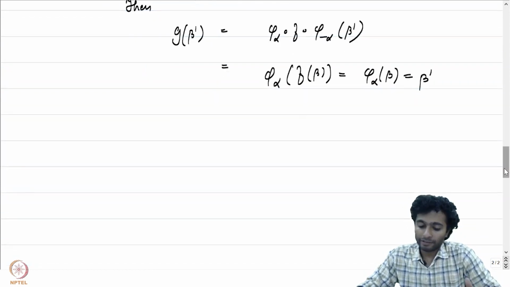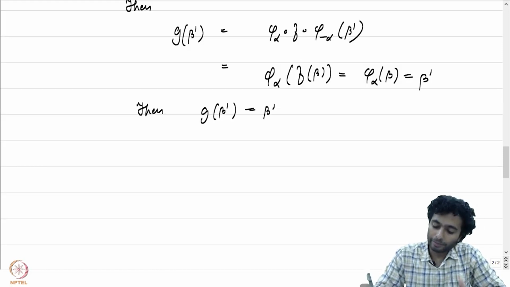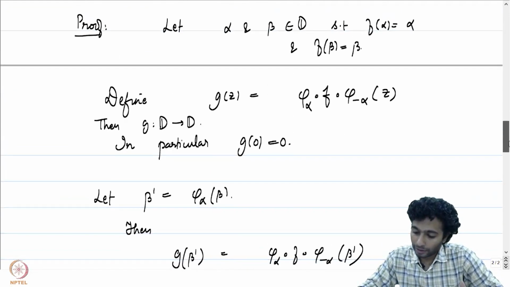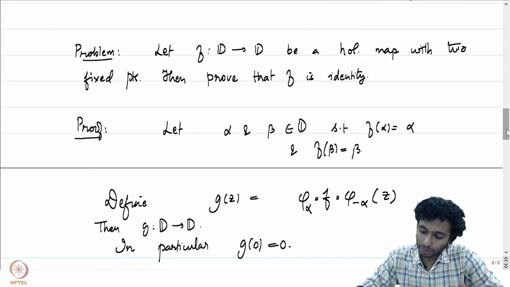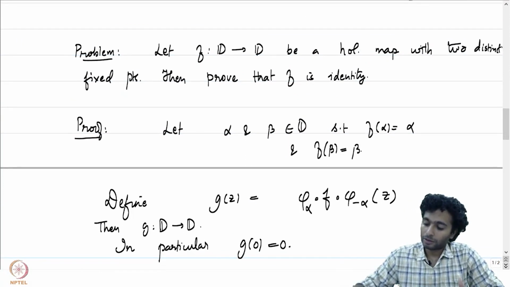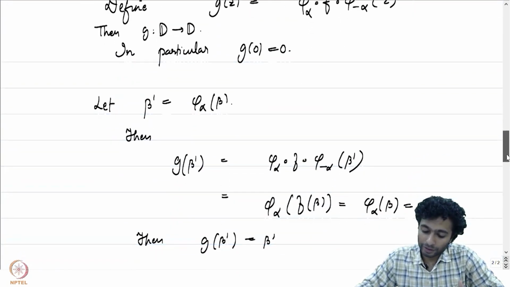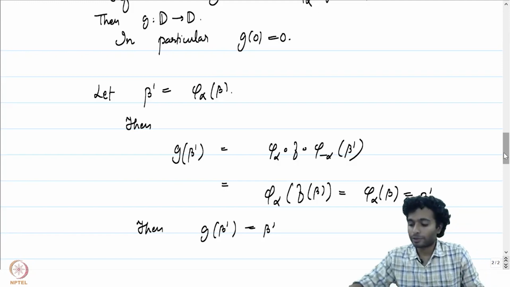So what we have is that g of beta prime is equal to beta prime. Notice that alpha and beta, did I put distinct here in the problem? With two distinct fixed points, let me just specify that, and because they are distinct, the first thing to note is that beta prime is not equal to 0.